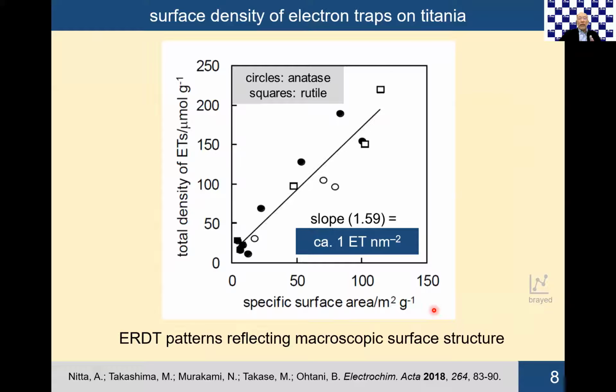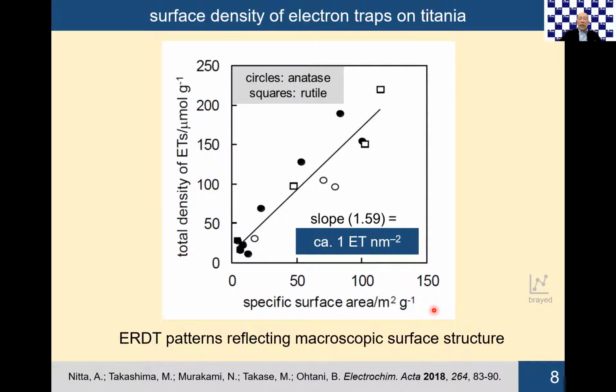So almost all the electron traps are located on the surface with a similar density, 1 electron trap per square nanometer. As you know, for titania, the density of surface hydroxyl groups is about 2 or 3 per square nanometer. And this ET density is similar to that.